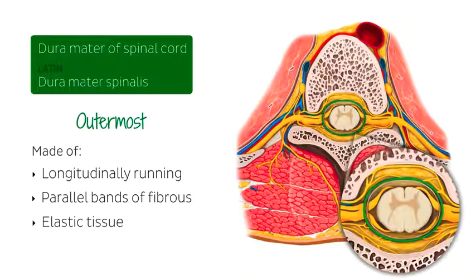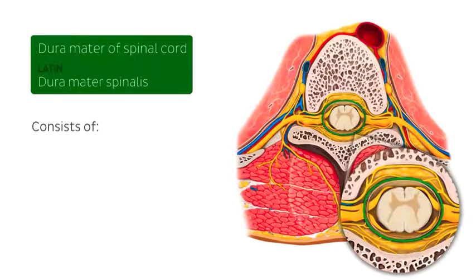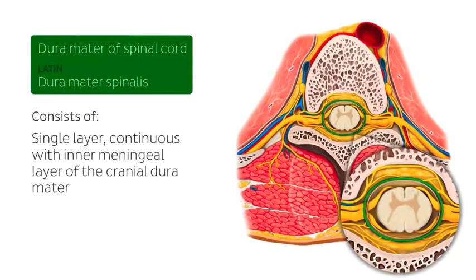Now, if you remember, the dura mater of the brain is composed of 2 layers and contains sinuses. The dura mater of the spinal cord, however, consists of just a single layer, which is continuous with the inner meningeal layer of the cranial dura mater.